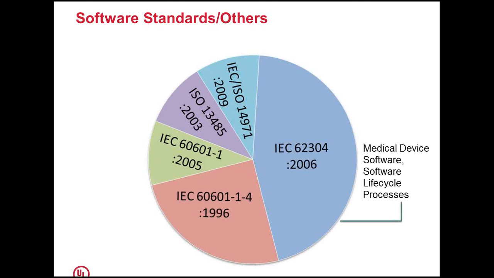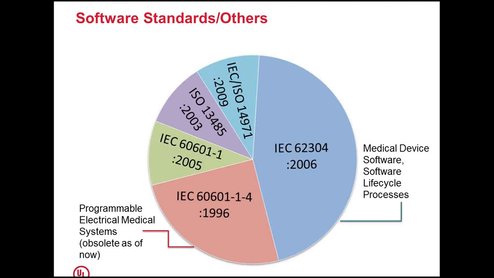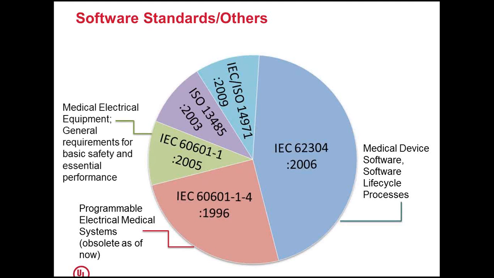So 62304 specifies the software lifecycle processes, and the erstwhile 60601-1-4 was talking about programmable electrical medical systems, which is obsolete now. These requirements are considered through the other standards. And 60601-1 is the medical electrical equipment standard, general requirements for safety and essential performance.